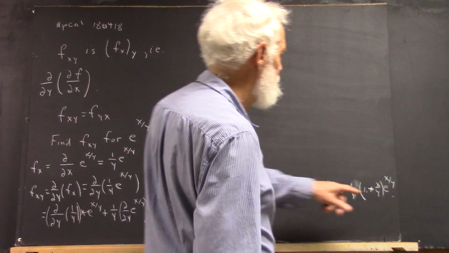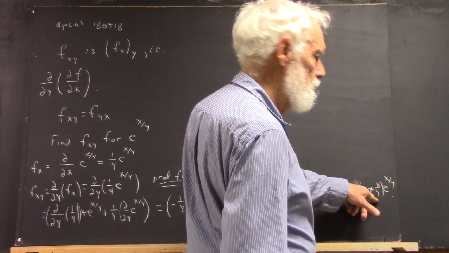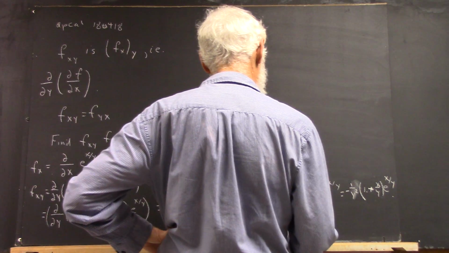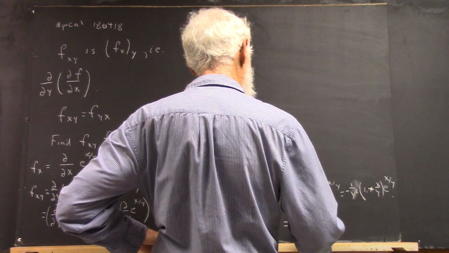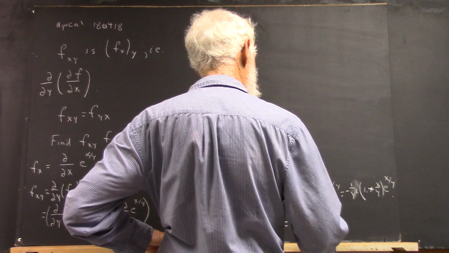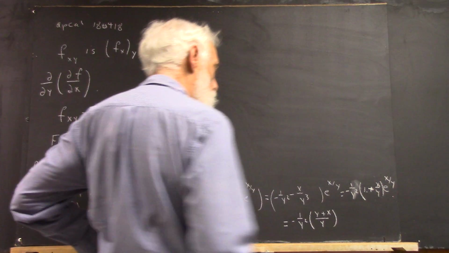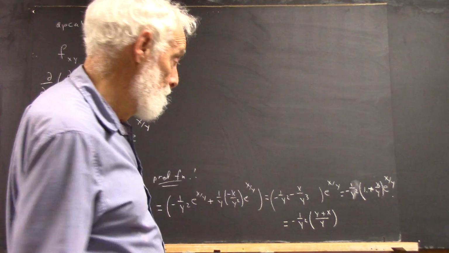But then I see that I've got this 1 plus x over y, which I really want to express as y plus x over y, common denominator.